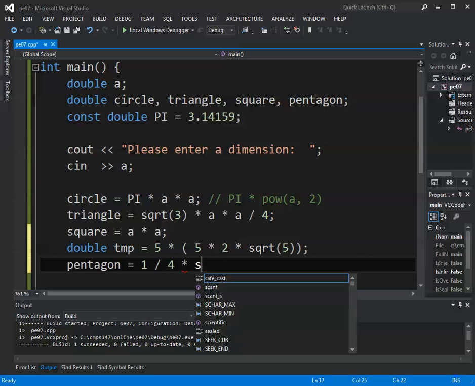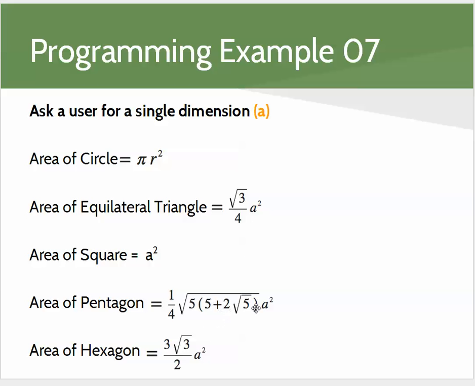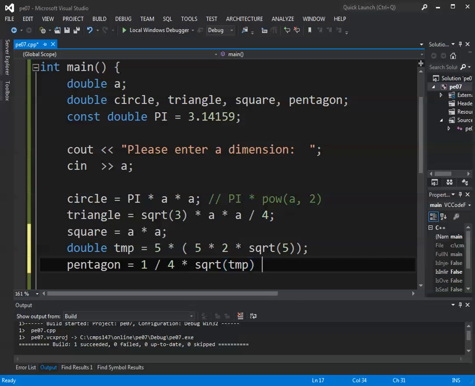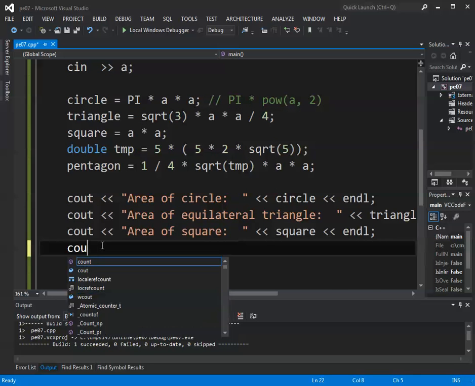And now I'll do square root of temp. So there's the entire term underneath there. And if we look back at the formula, after we do that, we're going to multiply it by a squared. All right, and we'll go down and we'll print that out.